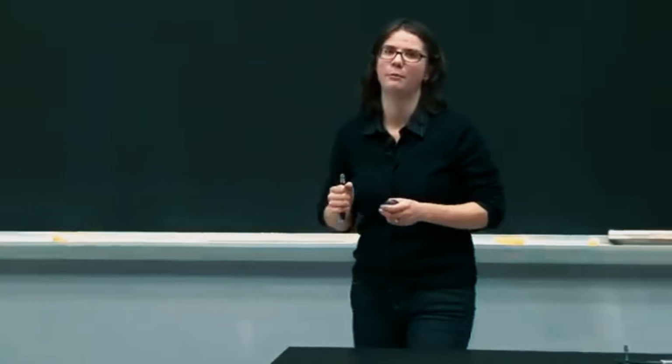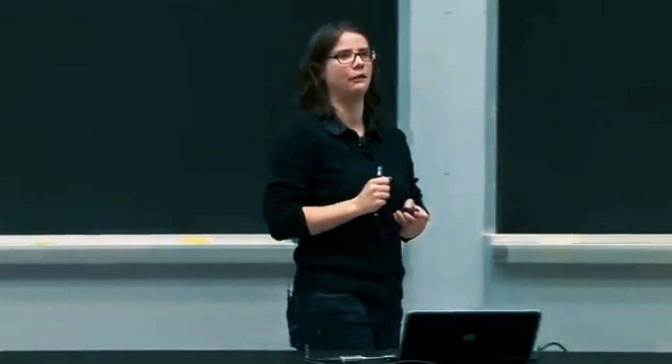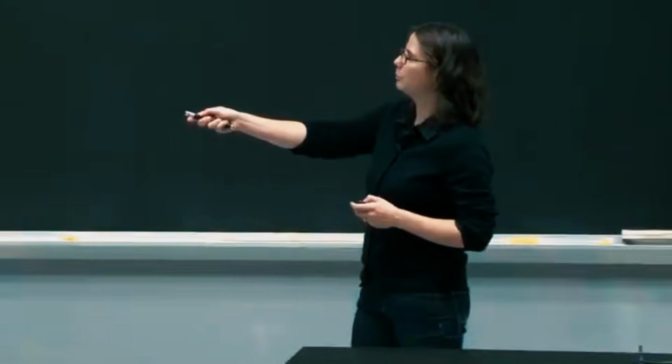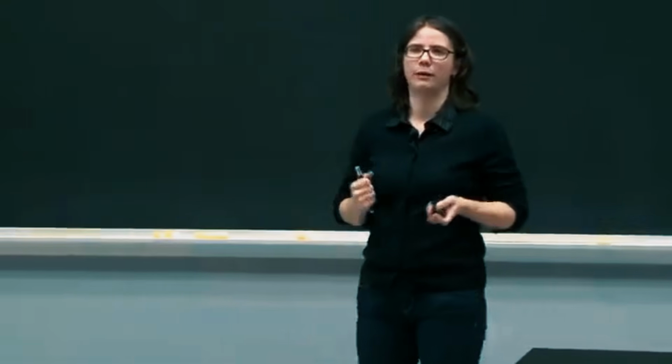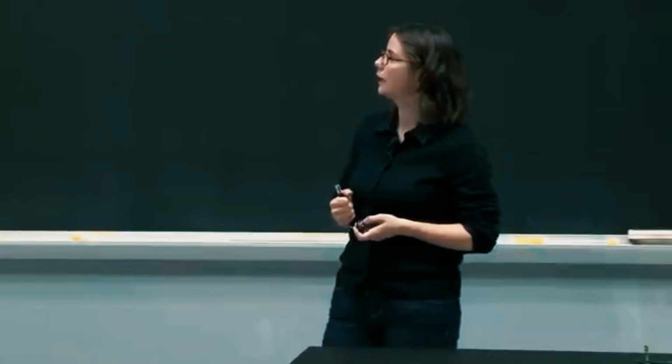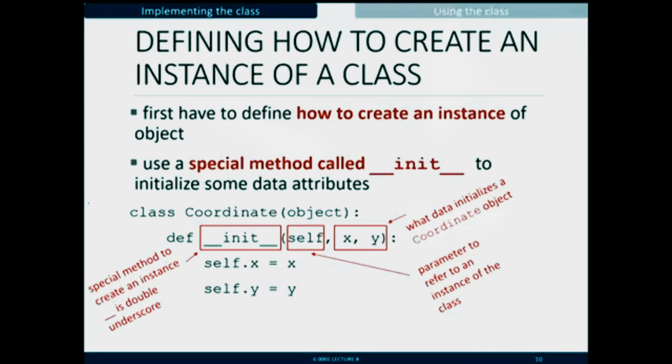It could be named anything you want, but by convention, it's always named self. So try to stick to that. Any other parameters beyond it are just parameters as you would put in a normal function. In this case, we're going to initialize a coordinate object by two values, one for the x and one for the y.